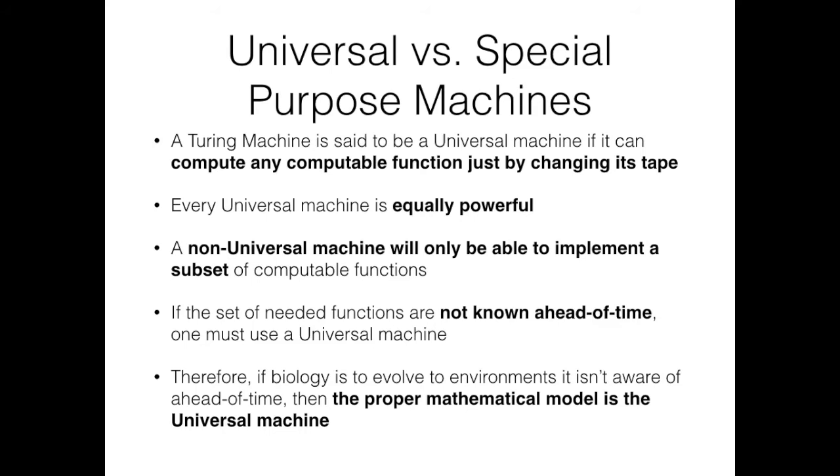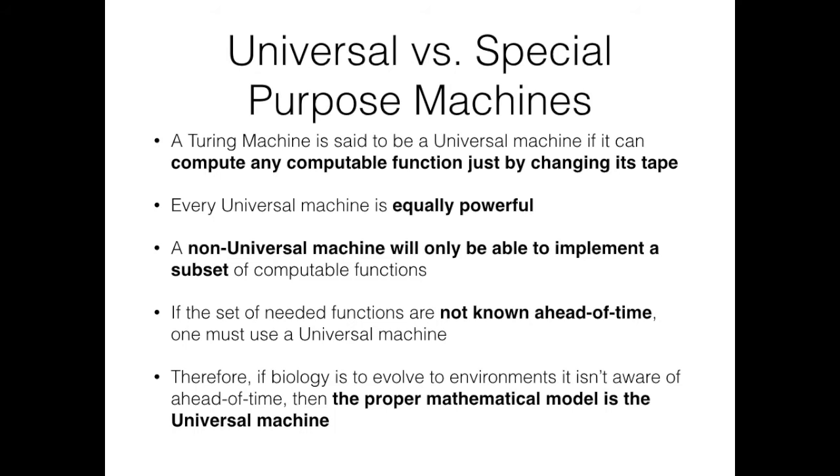So if you don't have a universal Turing machine, then you can only implement a subset of possible computable functions. Okay. It actually winds up being a very small subset of computable functions.